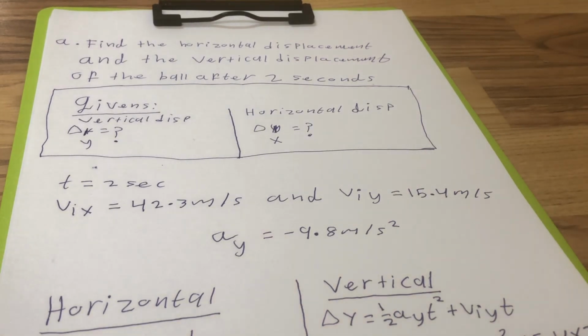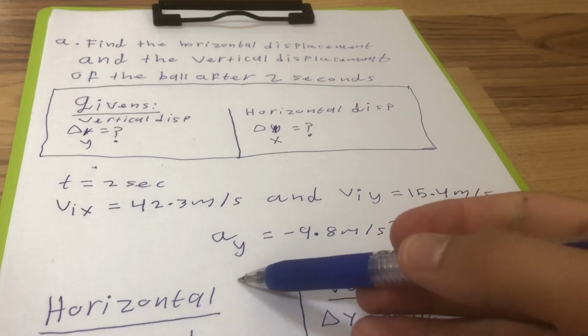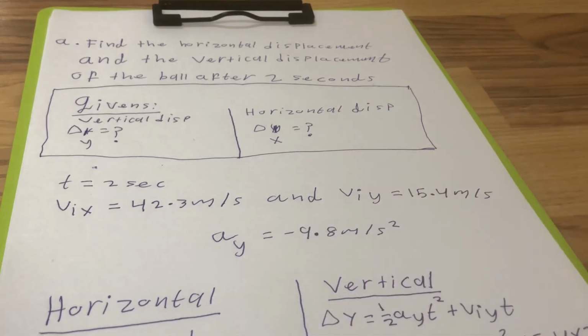Not gravity: gravity we put as positive 9.8, but acceleration due to gravity we put as negative 9.8, and here there's a small sign telling that this is acceleration on the y-axis.